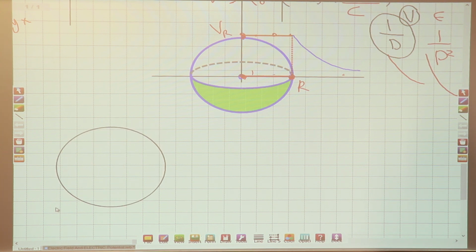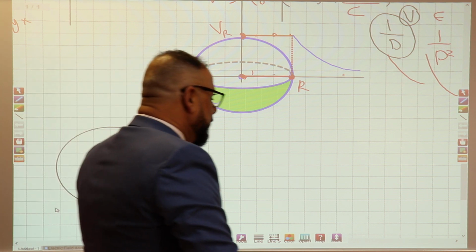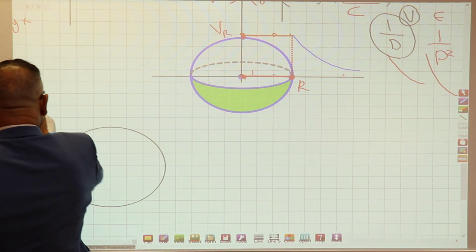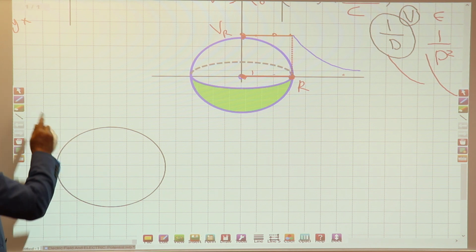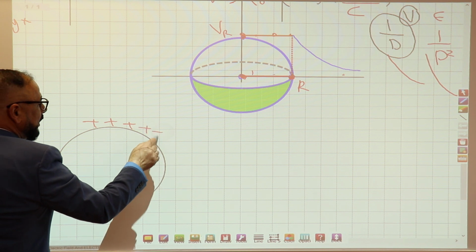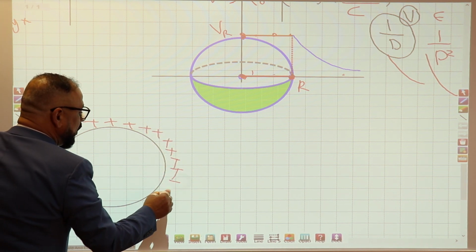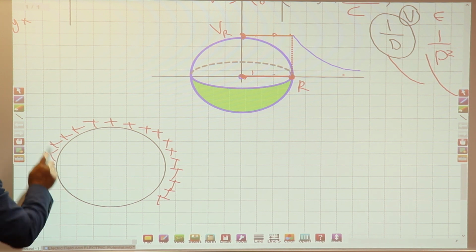If you remember my first class on electric field, for this conductor, for an insulator we use Gauss's law, right? But for conductors, the charge will be here. To find the electric field, you have to use Gauss's law. Why is the electric field inside 0?